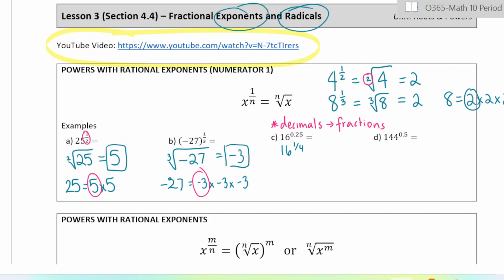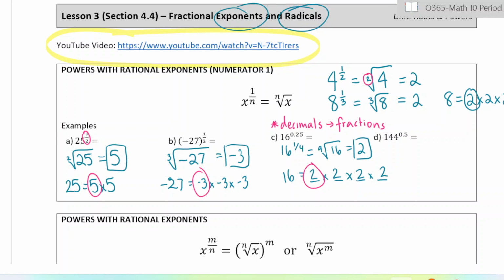And so this would be the same as the 4th root of 16. So we're trying to break up 16 into 4 parts. So 16 is actually equal to 2 times 2 times 2 times 2, 4 2's. So the answer would be 2. Okay, it's 1/4 of the way to 16 is 2.